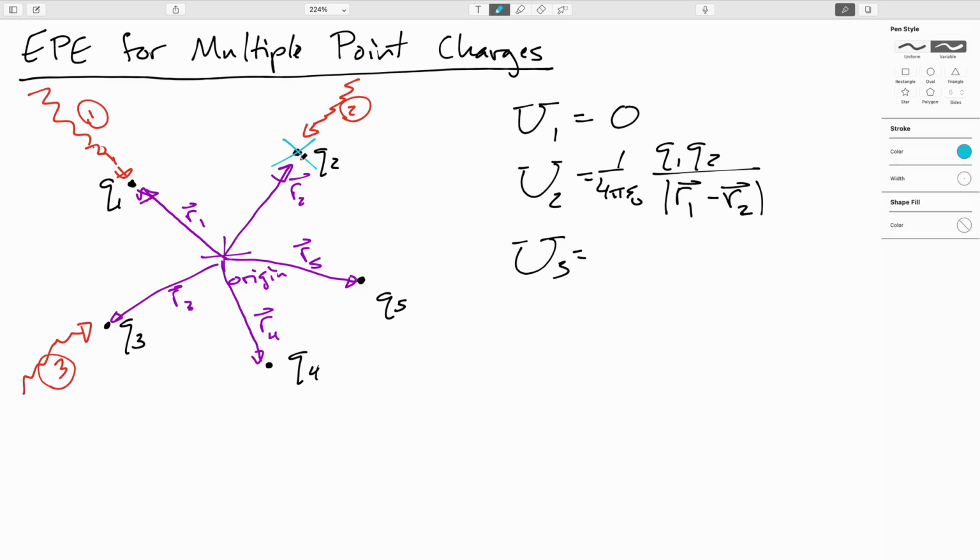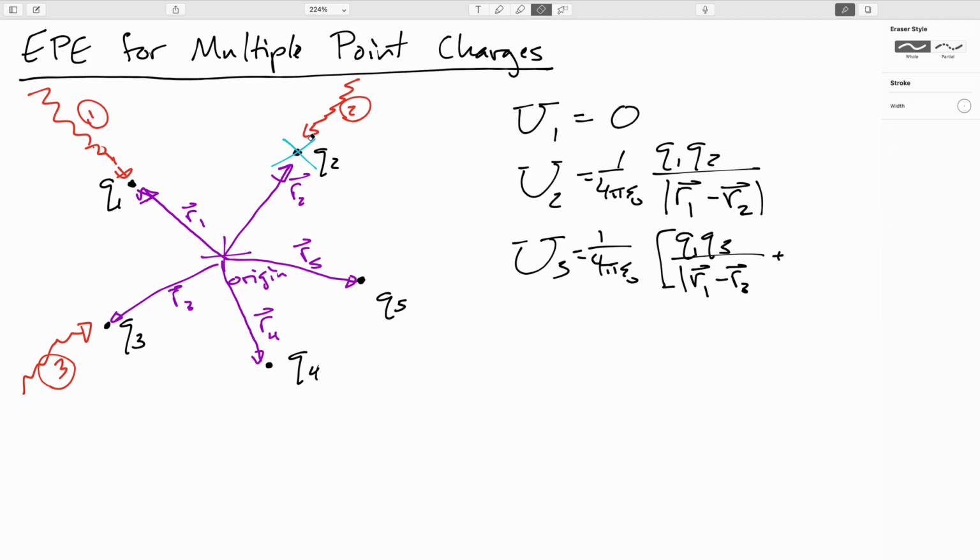So we'll just temporarily ignore Q2 and say, okay, this is going to be 1 over 4 pi epsilon naught. Let's just open a bracket here. This potential energy of this pair of charges will be Q1, Q3 over the magnitude of R1 minus R3.